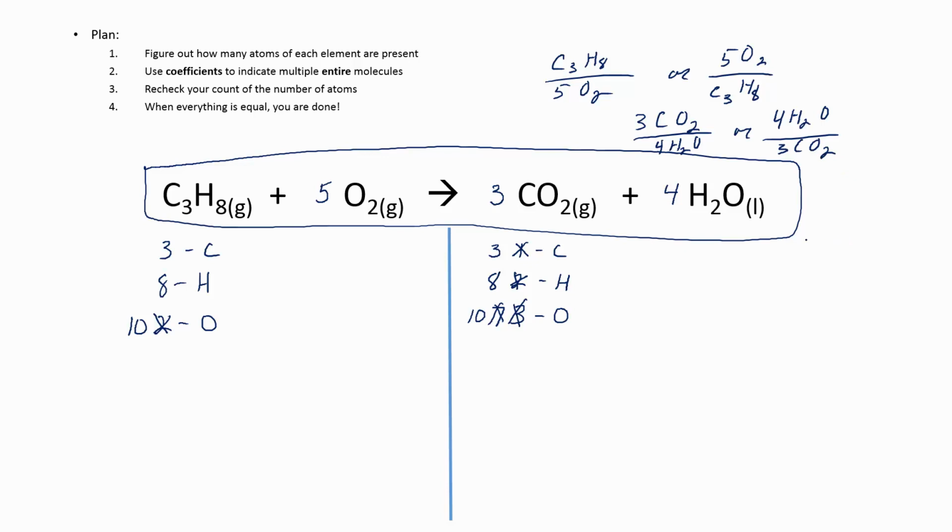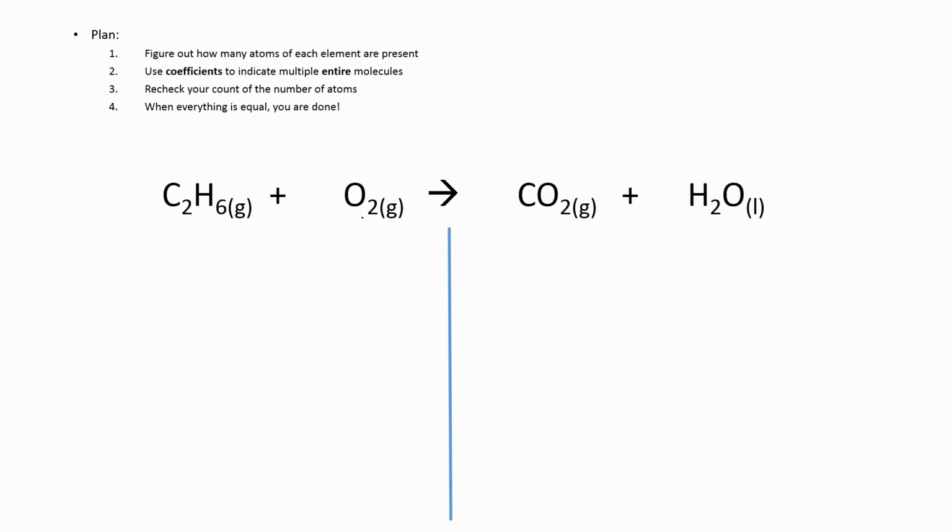Okay. Let's try a more complicated one. Doesn't look more complicated, does it? We have ethene, oxygen, and making carbon dioxide and water again. Let's try our same strategy. 2 carbons, 6 hydrogens, 2 oxygens, 1 carbon, 2 hydrogens, and 3 oxygens.